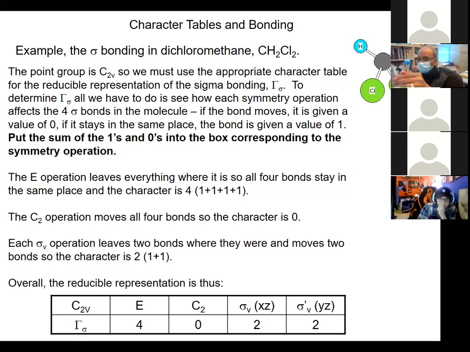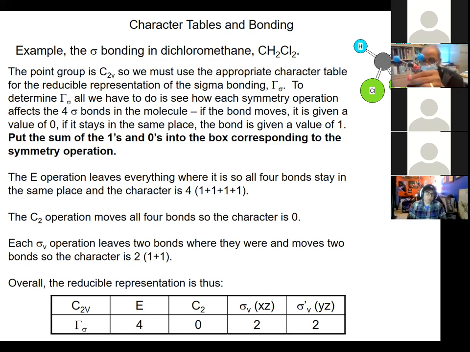Now, if you do nothing, how many bonds remain in place? I have four bonds. If I do nothing, all the bonds will stay where they are, right? So there is absolutely no change in any of the four bonds. So the value of E here is given as 4 because all four remain in place.